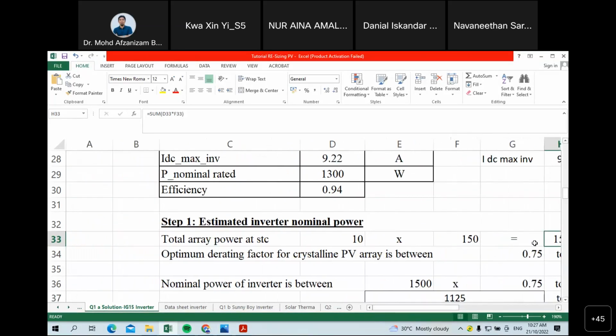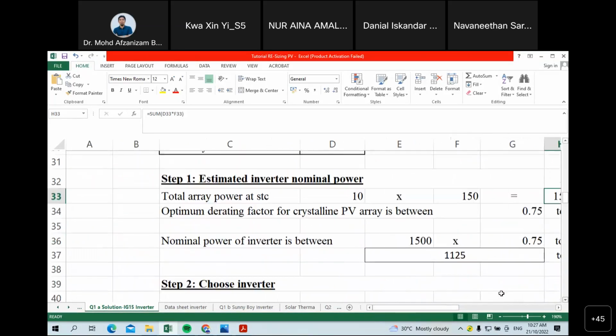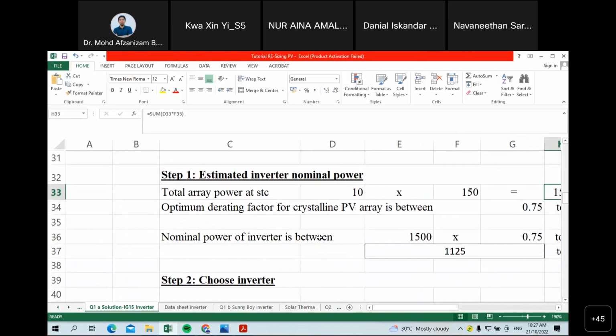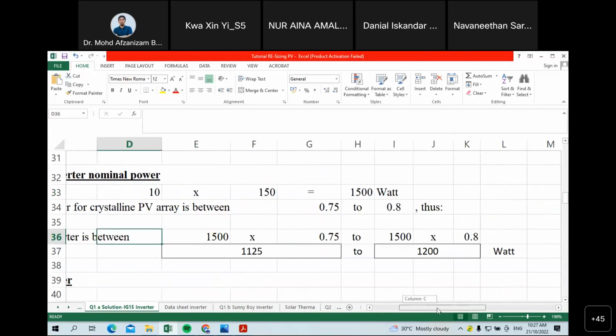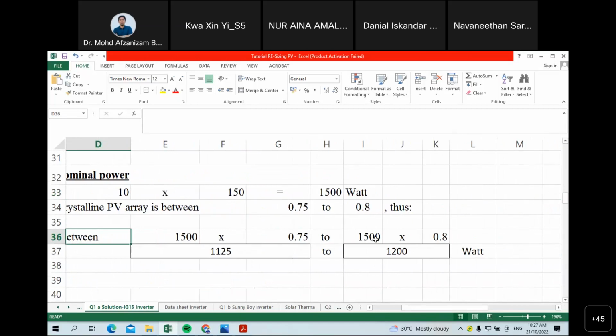For the nominal power of the inverter, 1500 times 0.75 is 1125, and 1500 times 0.8 is 1200 watt.